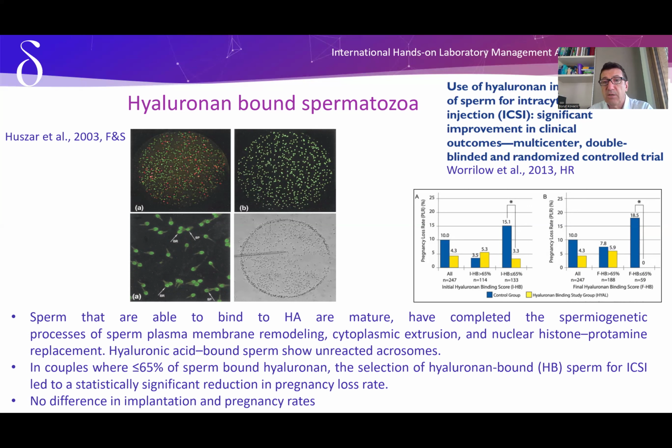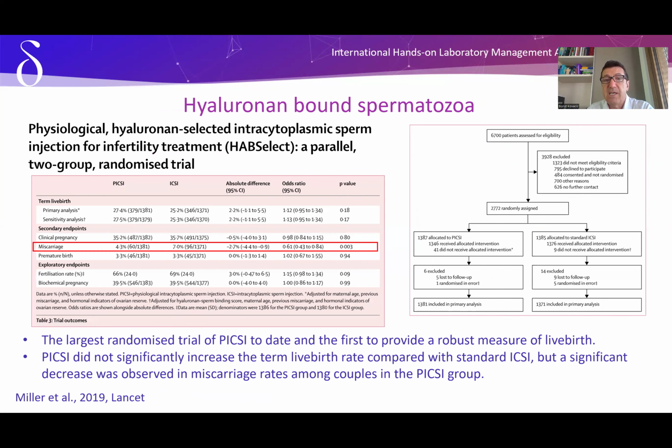So this on the right side, there is the first clinical study that shows that in couples where less than 65% of sperm bound hyaluronan, the selection of such bound sperm for ICSI led to a statistically significant reduction in pregnancy loss rate, but there was no difference in implantation and pregnancy rates.